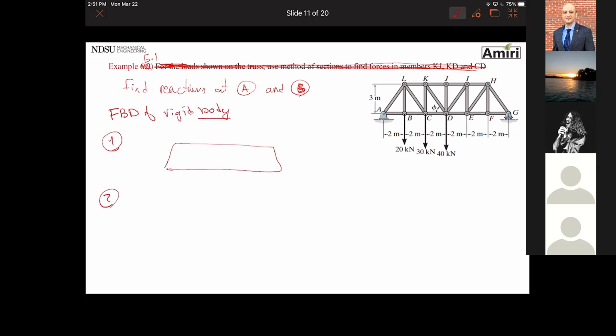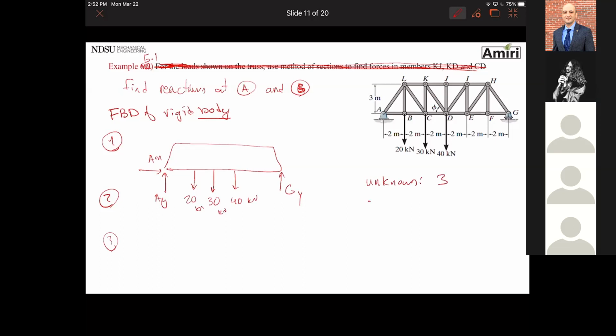Step 2, put active forces, 20, 30, 40. Step 3 is reactive forces, AY, AX, and GY. How many unknowns do you have here? 3. And equations, you have 3. So now you can solve this.